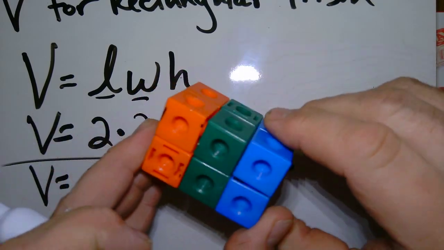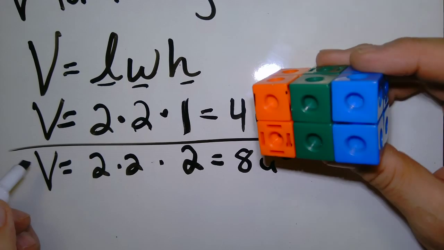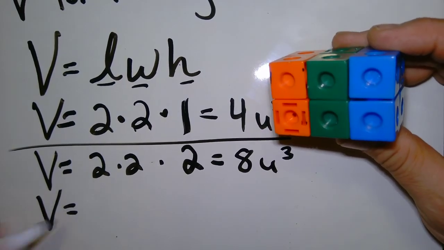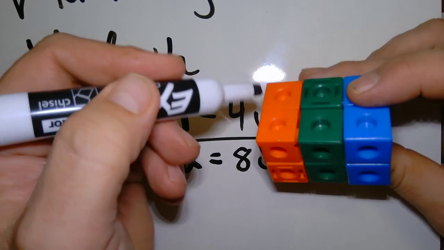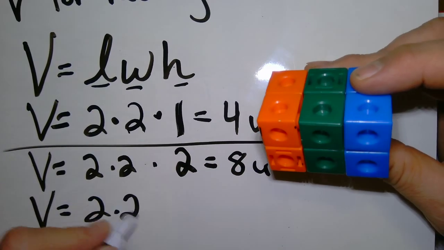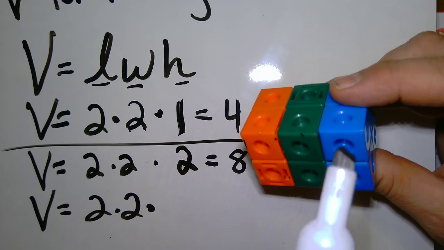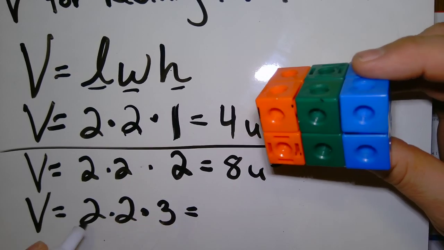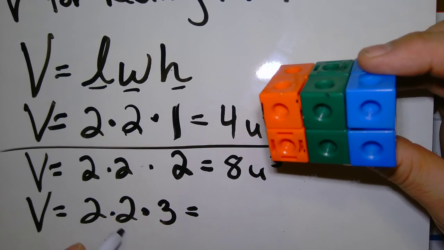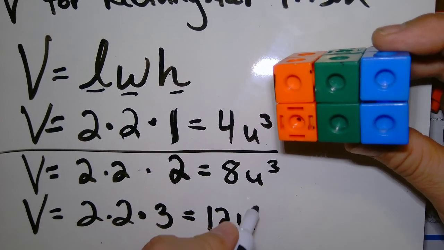So now, if we go over to our board here, our volume is our length, of course, 2, times our width of 2, times our height of 1, 2, and Avery's third layer. So 2 times 2 is 4, times 3 is 12 units cubed.